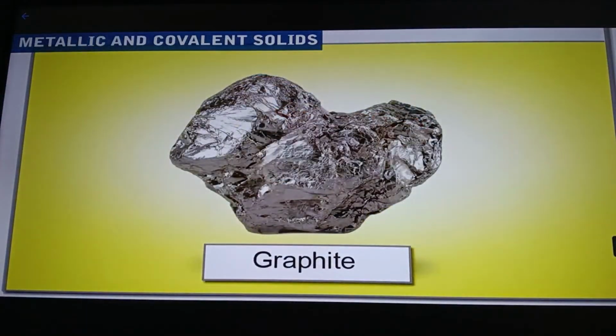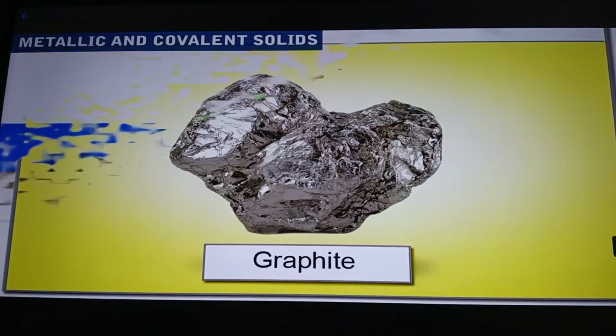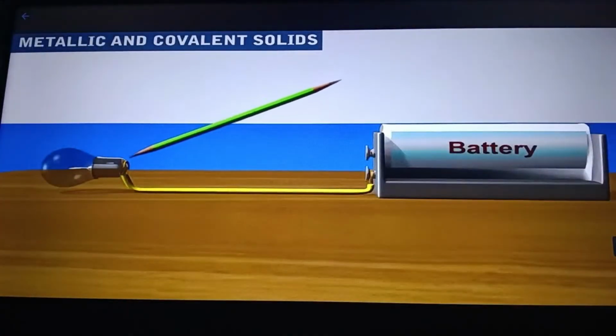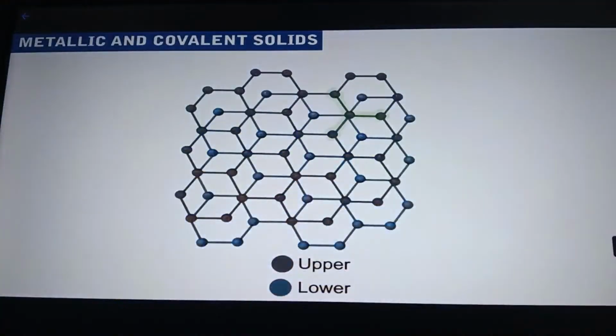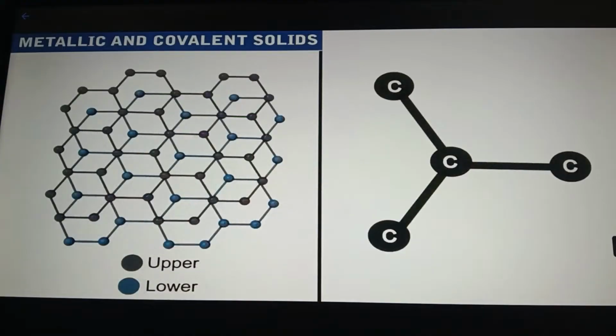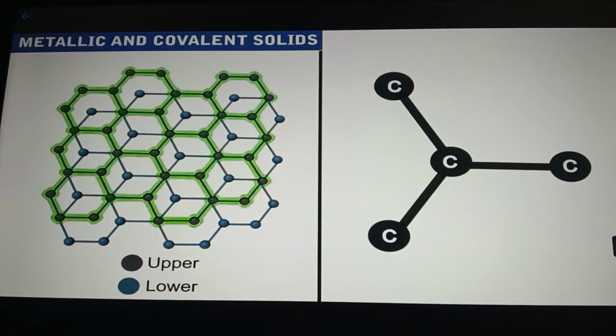On the other hand, graphite is an exceptionally good conductor of electricity and is extremely soft. In graphite, each carbon atom is bonded to 3 other carbon atoms, resulting in hexagonal rings, which when repeated throughout a plane, form sheets or layers.